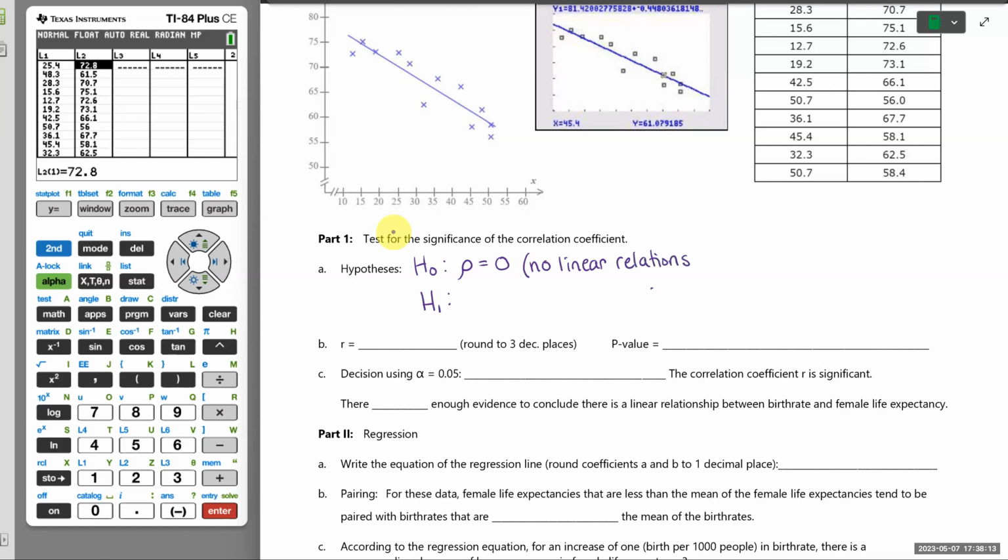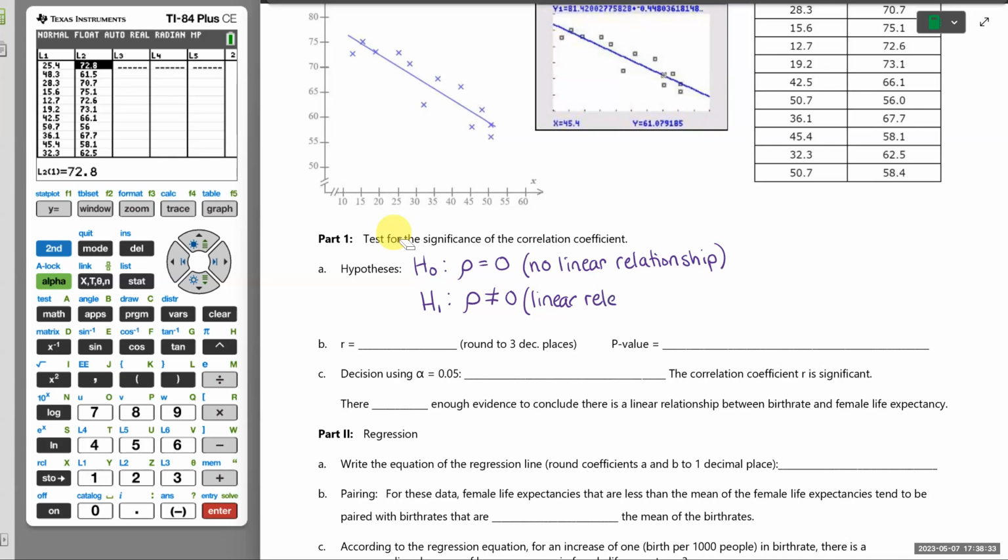And then we go out and get some data to see if we find evidence that rho is significantly different from 0, indicating that we do have evidence to support a claim of a linear relationship.